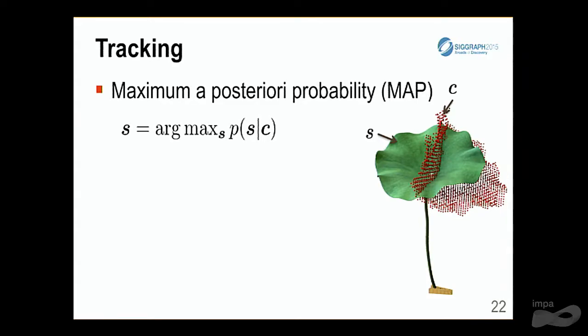So you have these point clouds, C, and you want the triangle mesh that describes the plant. And you connect them by latent variables. So you're looking at the probability of S given these point clouds. It's a conditional probability, and the maximum of this is going to be our S.